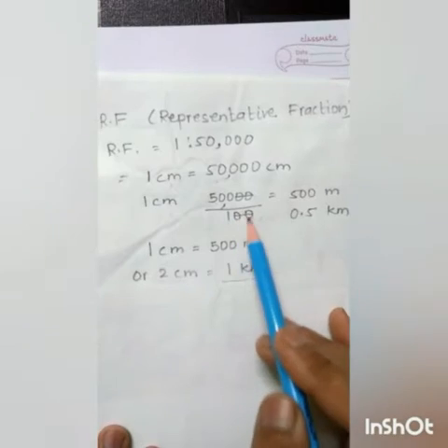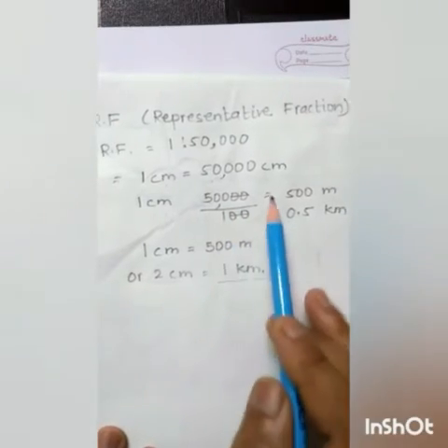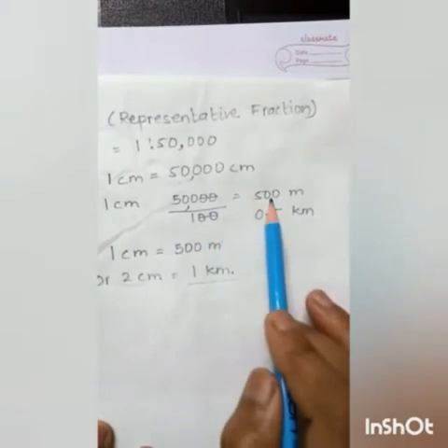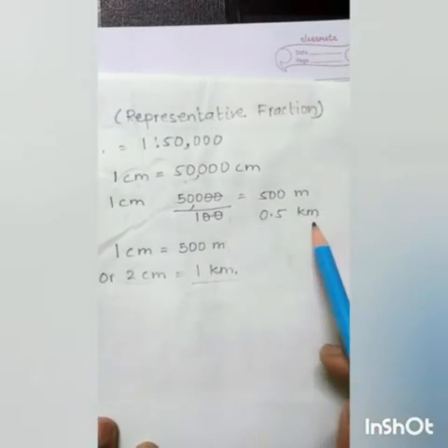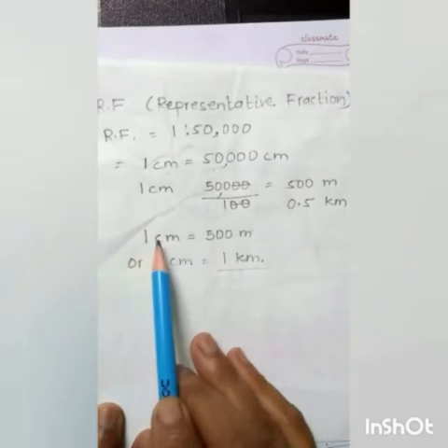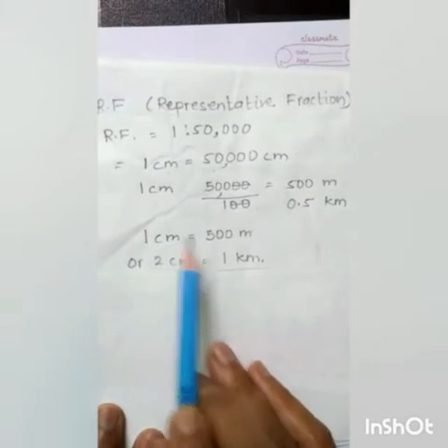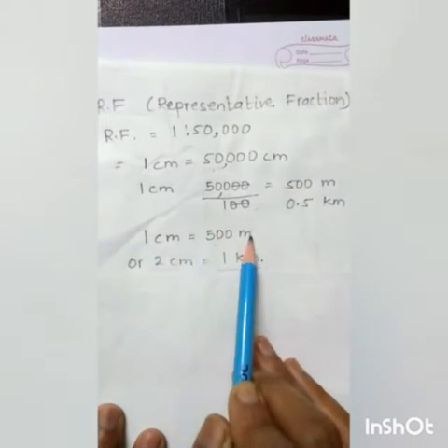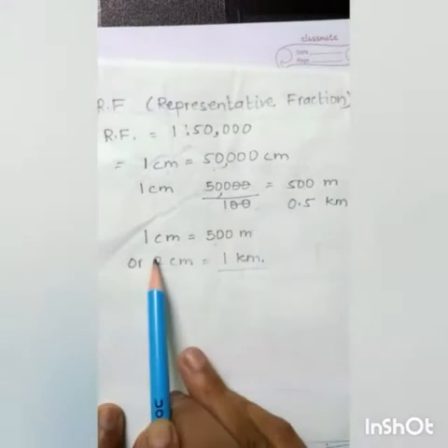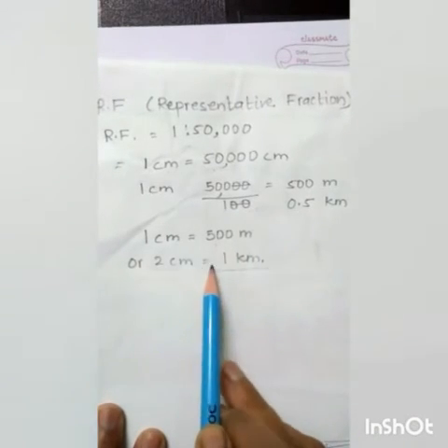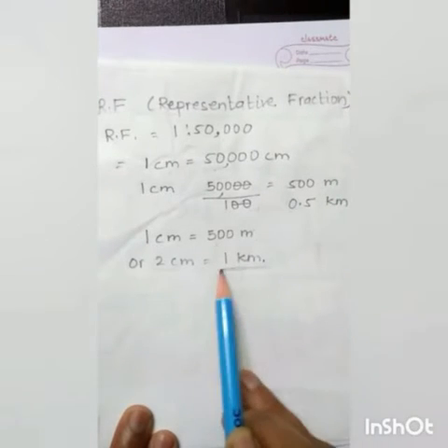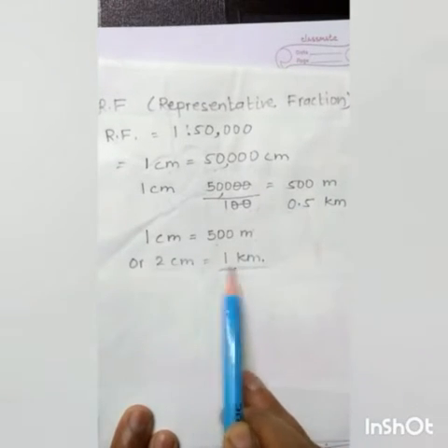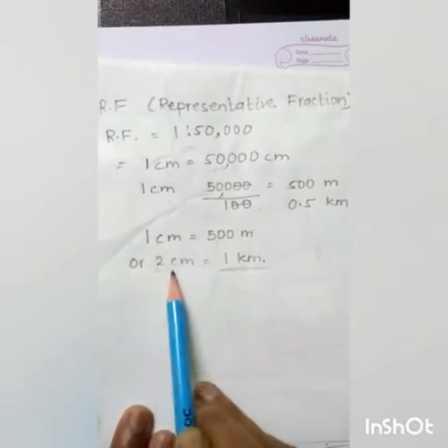Divided by 100, the answer will be 500 meter. It means 0.5 kilometer. So 1 centimeter is equal to 500 meter, or 2 centimeter is equal to 1 kilometer. This is the distance on the ground and this is the distance on the map.